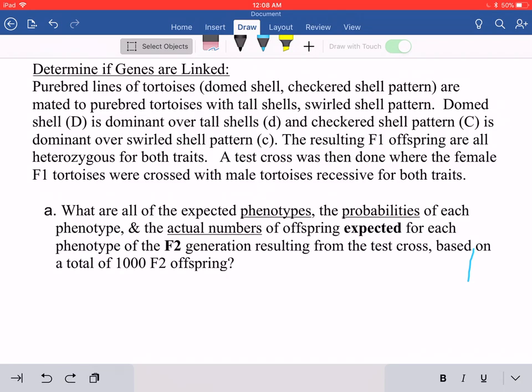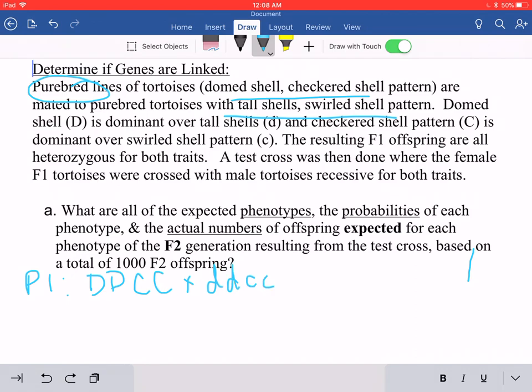So let's take a look here. Let's do a little recap of what we're dealing with. We have a parental generation that we know the genotypes of because they were purebred for particular traits. So we know that the parents were a cross of big D, big C, times little d, little c.